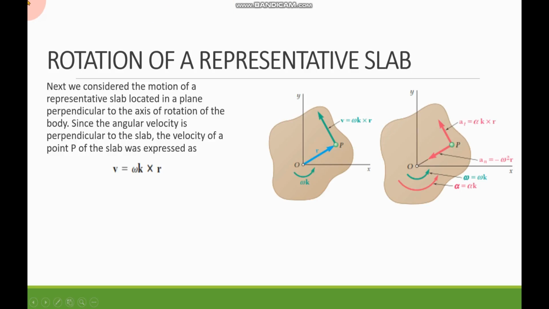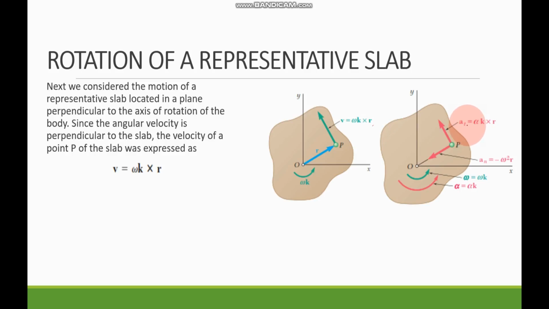So we have here a particle P, and again the line that is connecting the origin to the particle is our position vector r, and it has a certain velocity which is expressed by this vector product. So it also shows here the acceleration of the particle, which is given by its components, the tangential component and then the normal component.